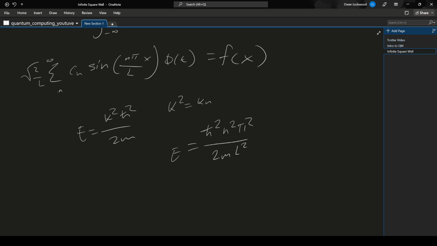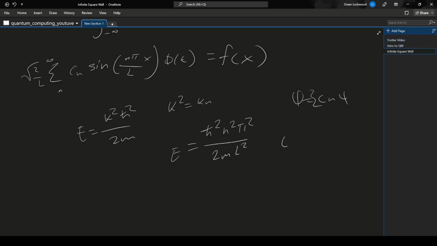So that's our energy for each of the n wave functions, sub wave functions. I don't know what the proper terminology is here, right? Where we have the sum. So each of these is defined by this n, which increases quadratically, right? Because h bar, m, L, pi are all constants. It's only a function of n, really.